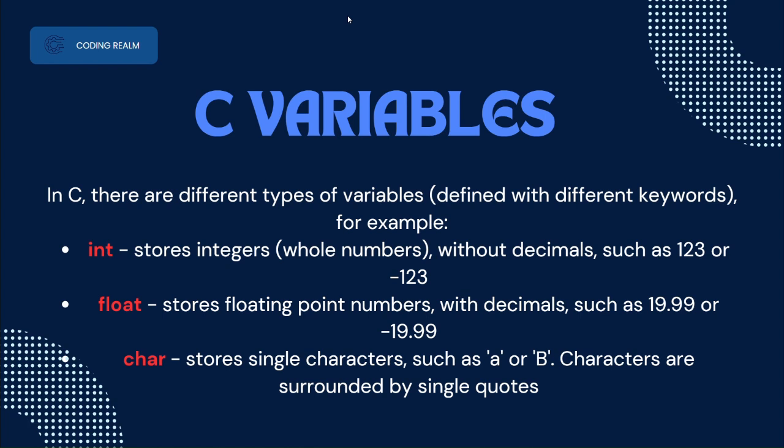We have also char, or characters. It stores single characters such as A or B, and the characters are surrounded by single quotes, like here A and B. The character can be a small character or a capital character, and we can also put other characters like the hashtag, at, etc.